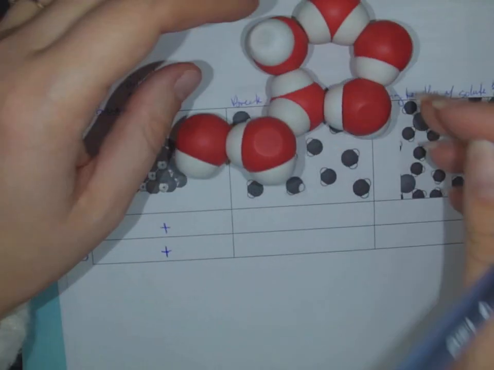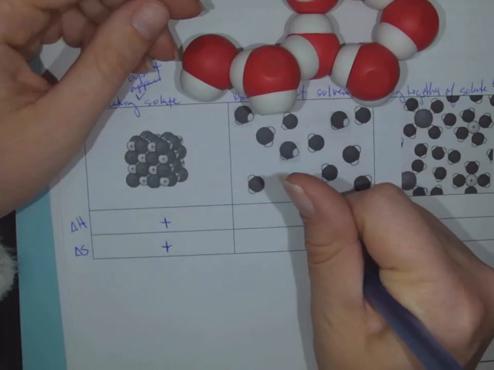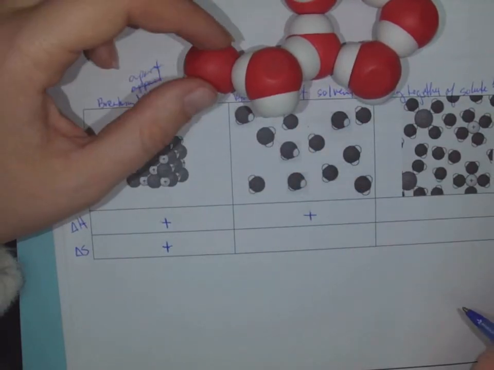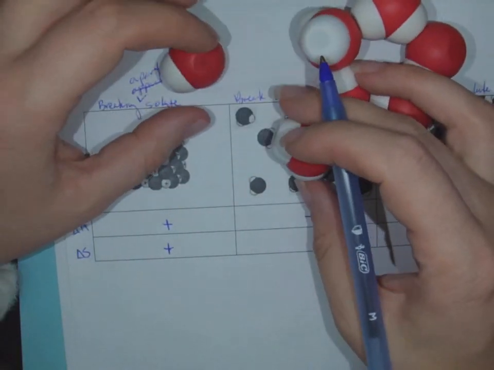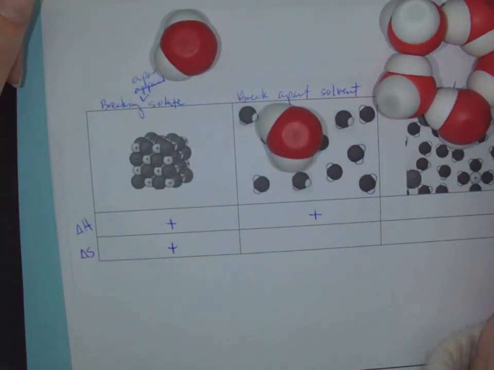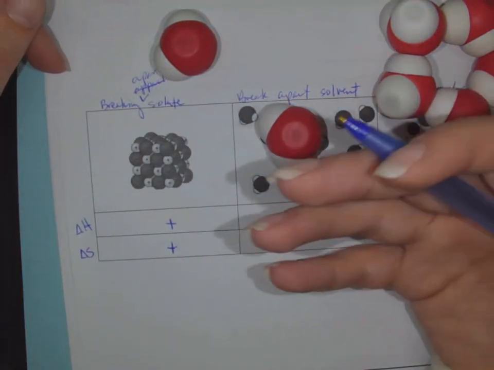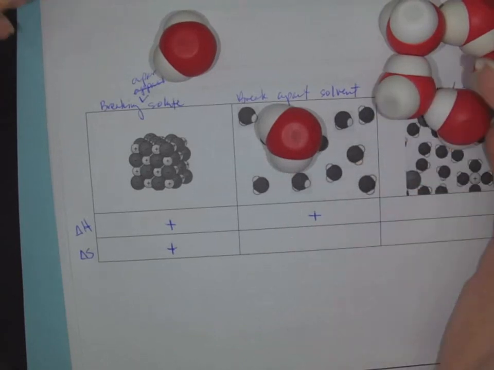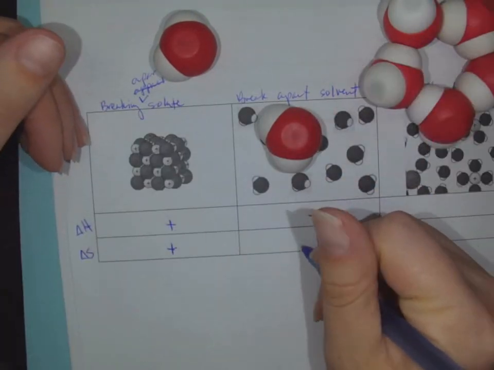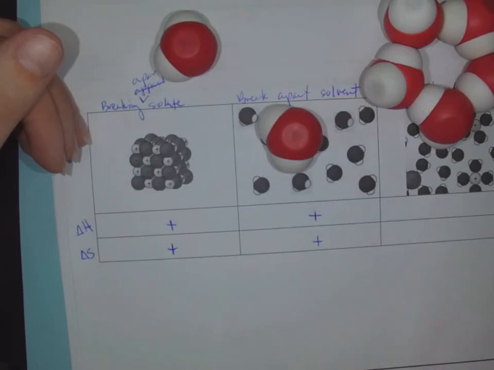Well, it's the same thing as breaking apart the solute: I have to add energy to do that. But once I add that energy, now they're further away from each other. They have more movement here. It becomes more chaotic. They're taking up more overall space. And so that would be a positive delta.